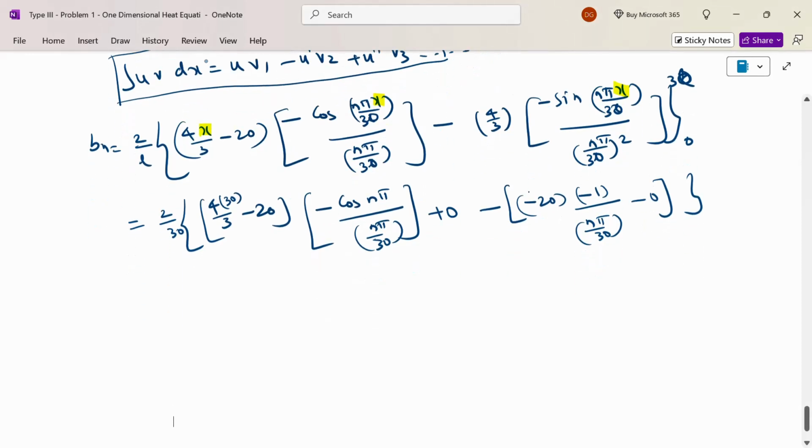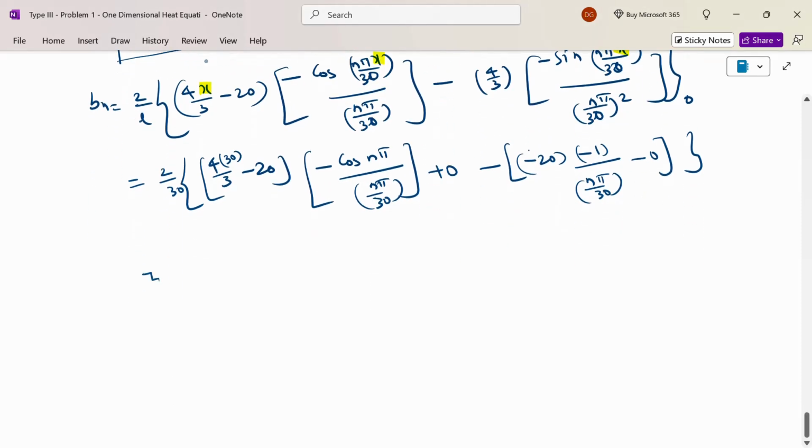And now this term cancels with this 3 and 3, so 10, 40 minus 20, minus 20 minus 1 power n, pi by 30, then minus of minus plus, minus 1 by n pi by 30.